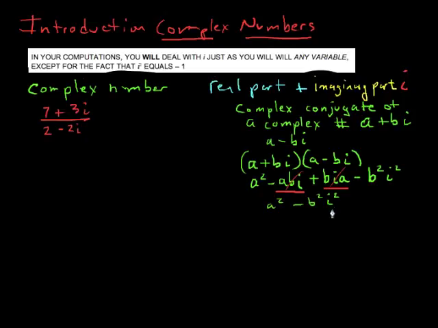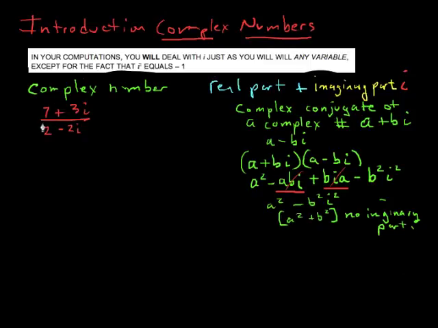Well, we said i squared is just negative 1, so that simplifies to a squared plus b squared. Well, this has no imaginary part, and that's going to be helpful.